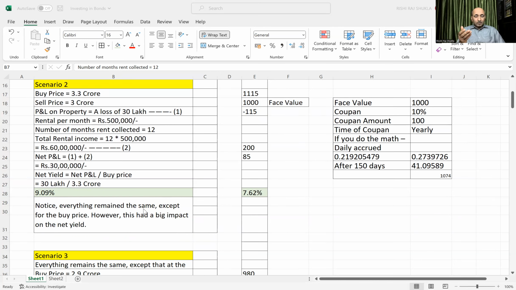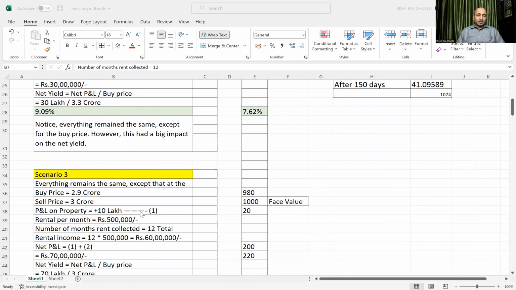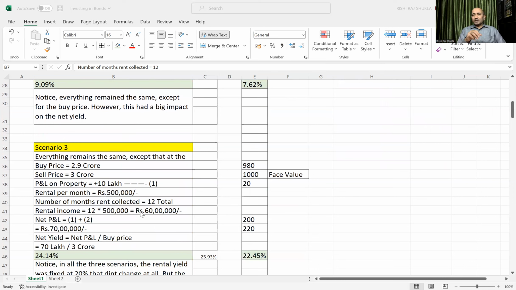Now let us see another situation where the buy price is less than 3 crore. Suppose this is only 2.9 crore, only 10 lakh less. So in this case, what will be the profit? Profit will be 10 lakh, with the sale as usual at 3 crore.